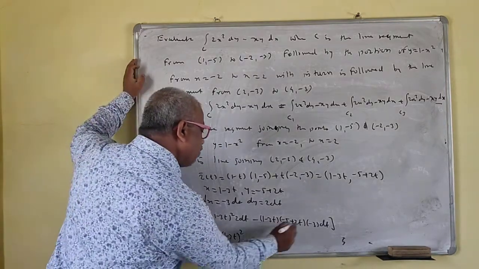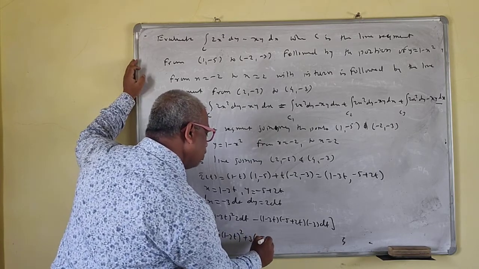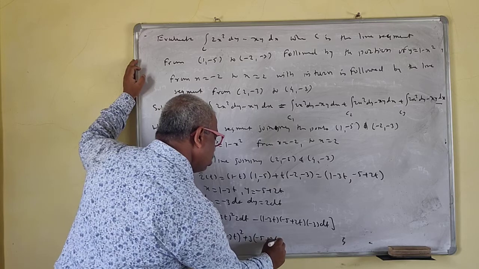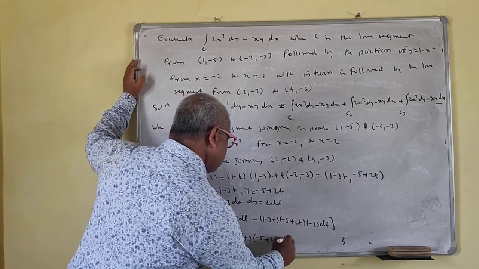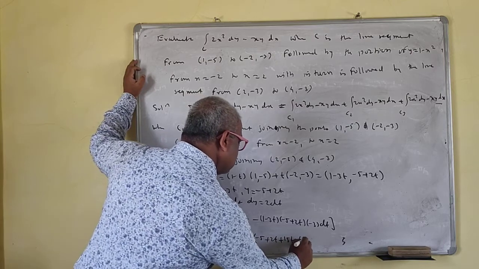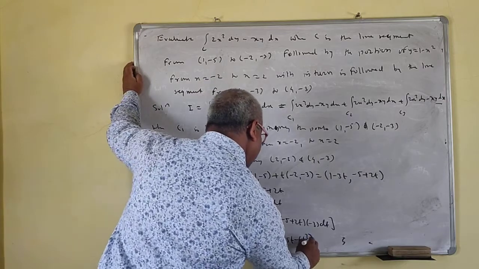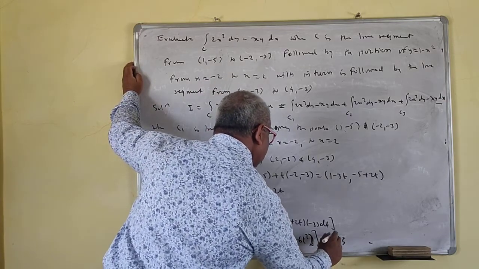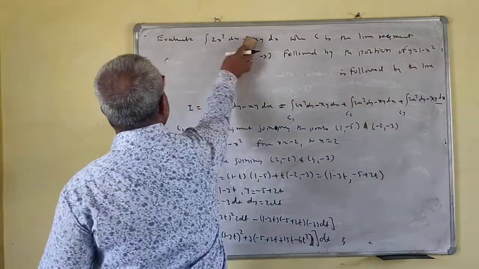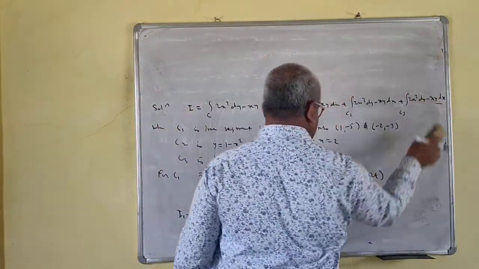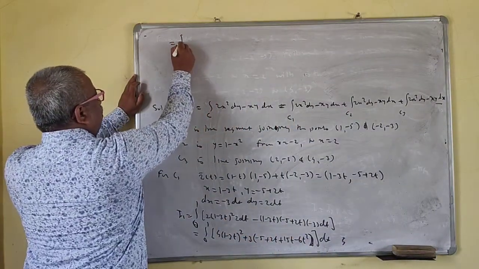Now minus 1 becomes 3, we'll multiply this by minus 5 plus 2t, minus 5 plus 2t plus 15t minus 6t square, minus 6t square, and then this is dt. Then we'll integrate this.